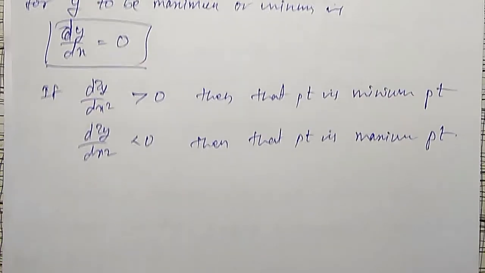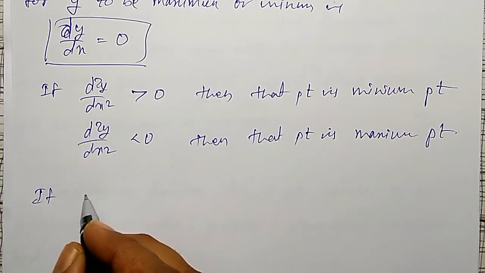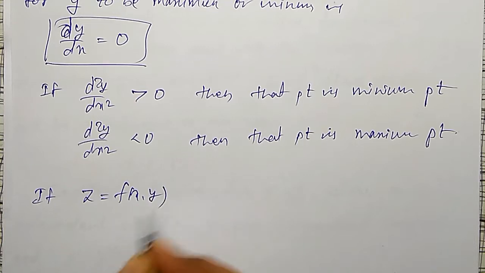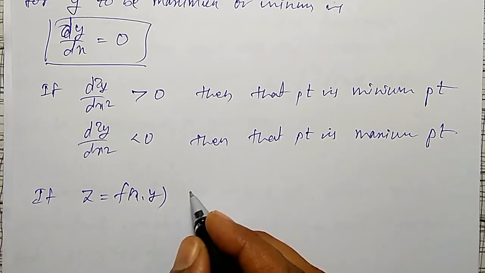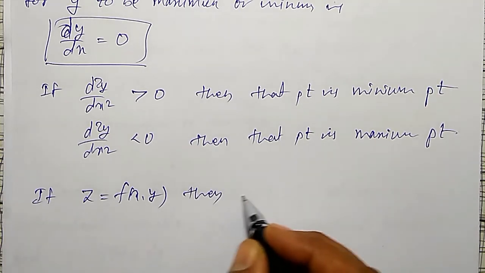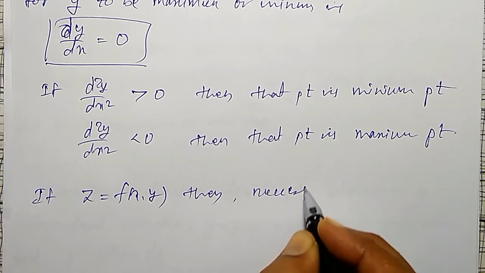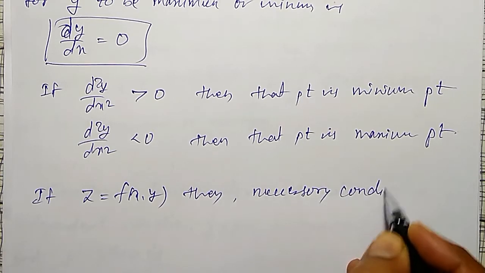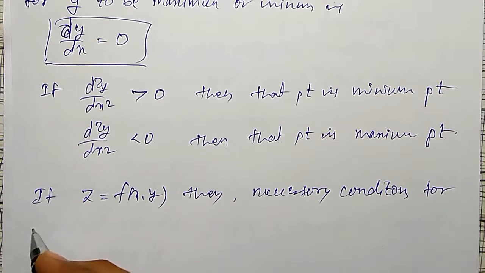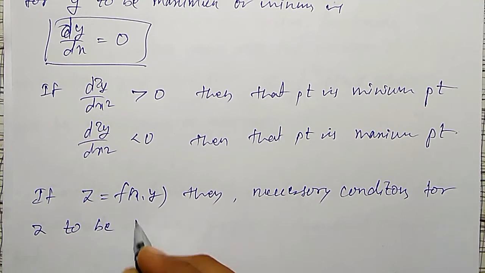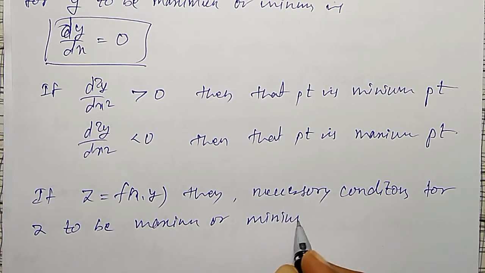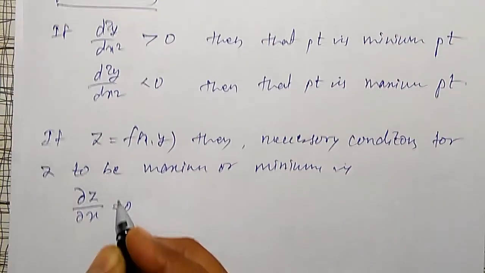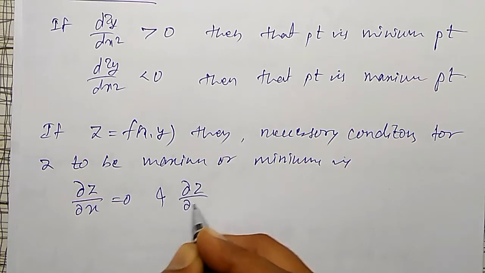And one more type, if z is equal to f of x y, z is a function of two variables x and y, then the necessary condition for z to be maximum or minimum is dou z by dou x equal to 0 and dou z by dou y equal to 0.